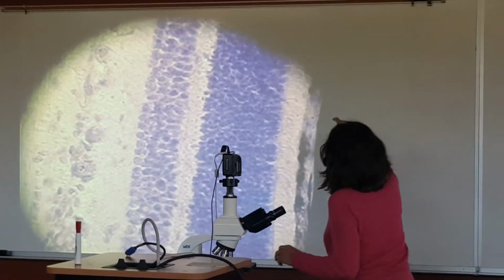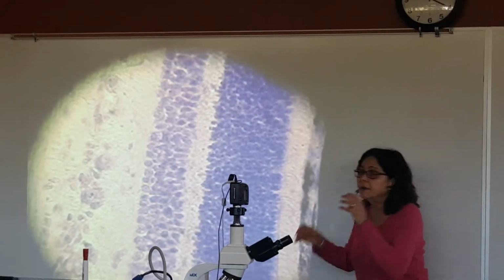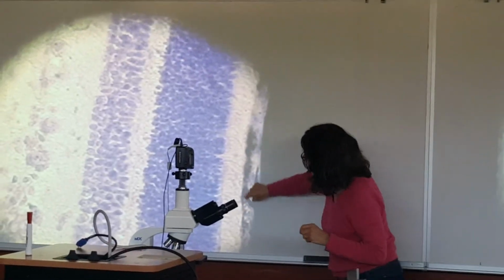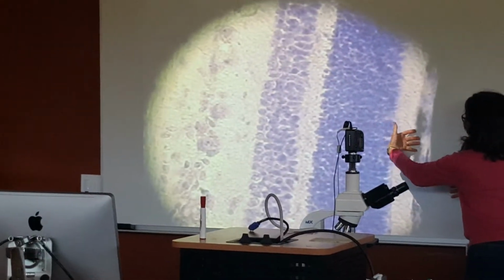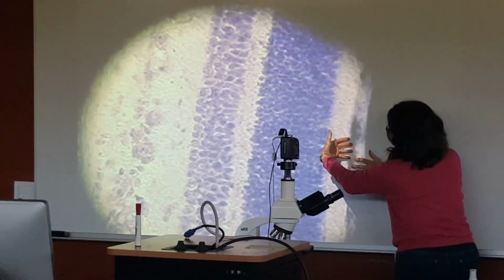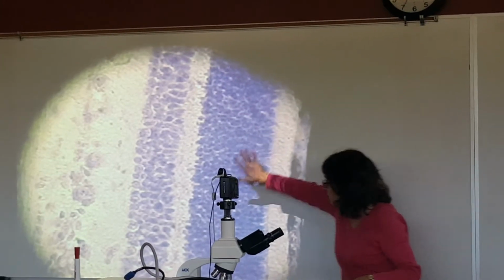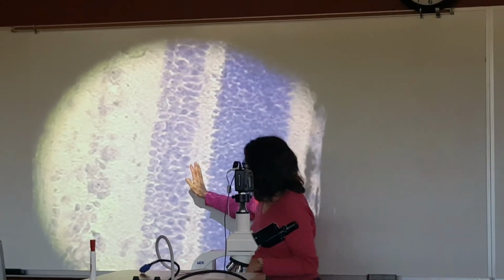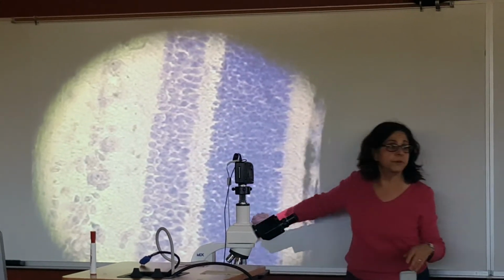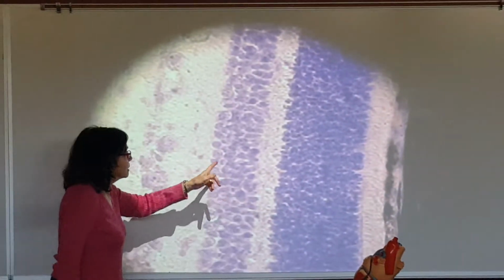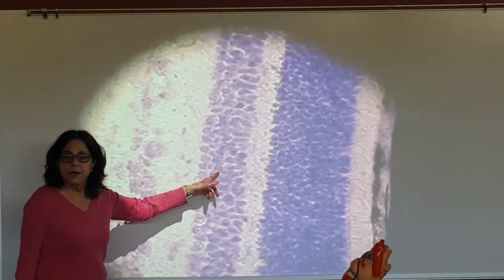Beautiful slide because the retina, remember, has 2 parts, a neural part and the pigmented epithelium. So it has a single-celled pigmented epithelium into which the parts of the photoreceptors are suspended. And these are the photoreceptors from here to here. These are the nuclei of the photoreceptors. There's a huge number of photoreceptors, a lesser number of bipolar cells.